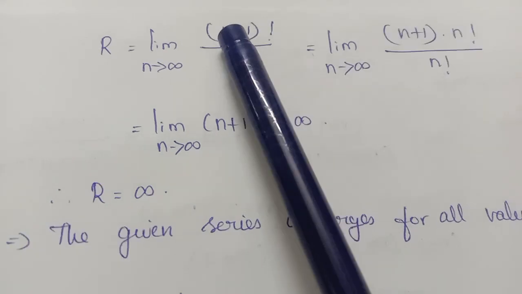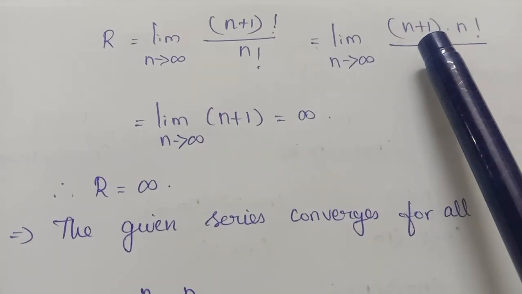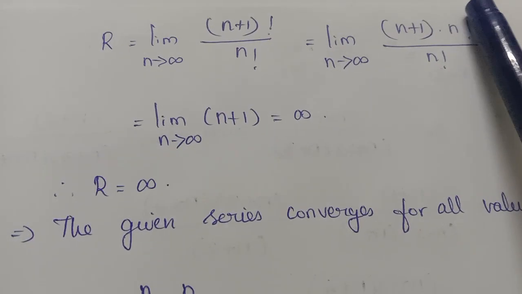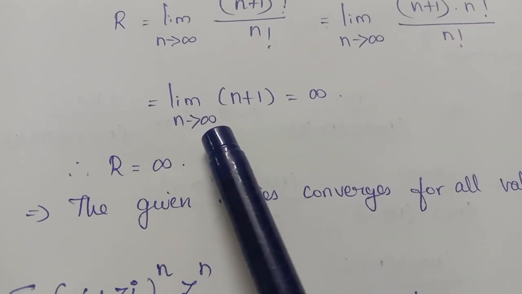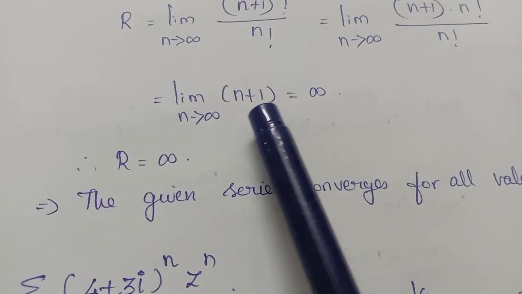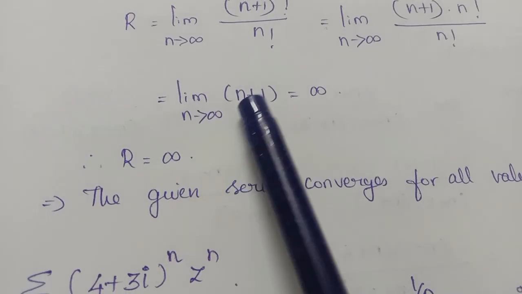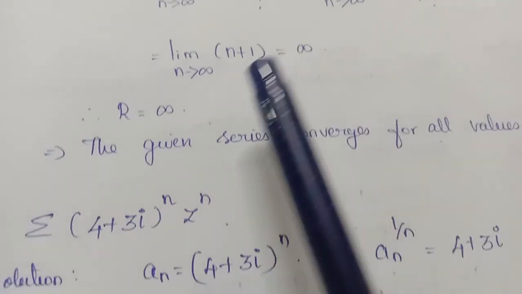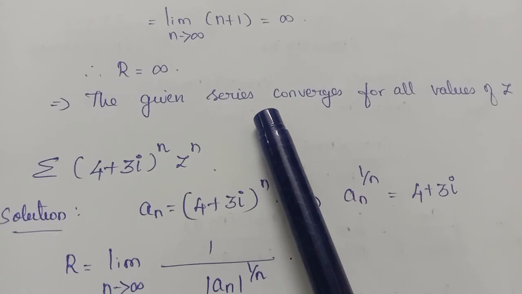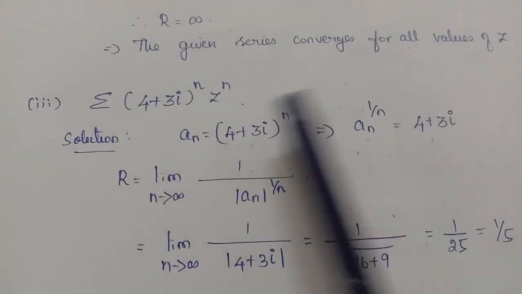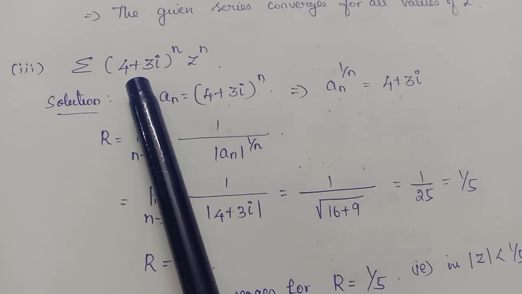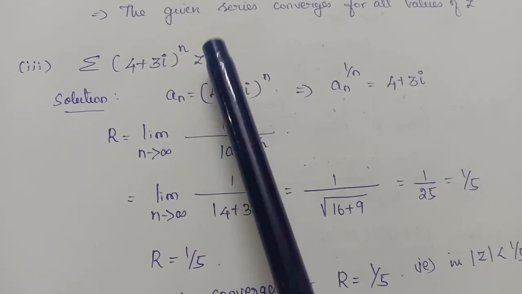Now (n+1) factorial can be written as (n+1) into n factorial, so the n factorial gets cancelled. Simply we have limit n tends to infinity (n+1). As n tends to infinity, this value will become infinity. Therefore, this series is also convergent for all values of z. Then the next problem, summation (4+3i)^n z^n.